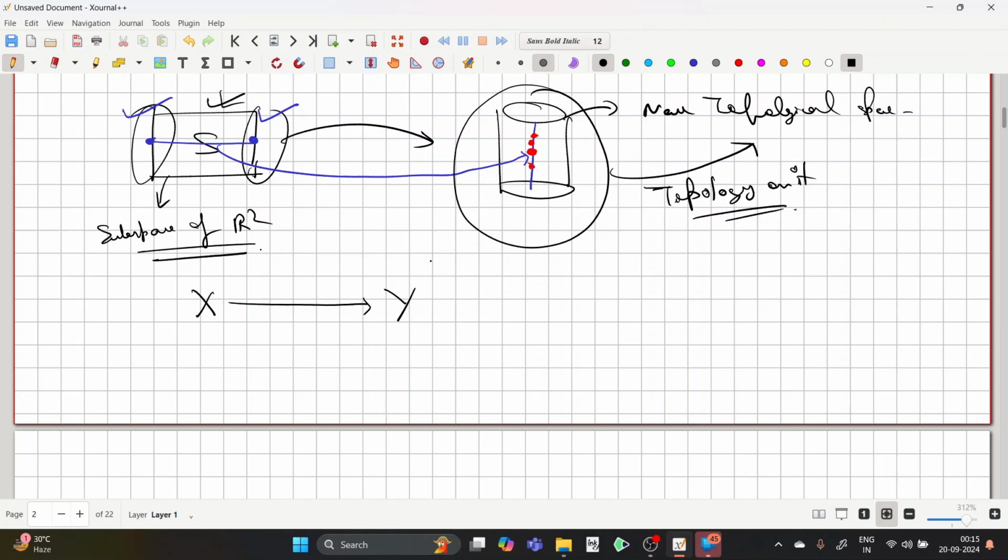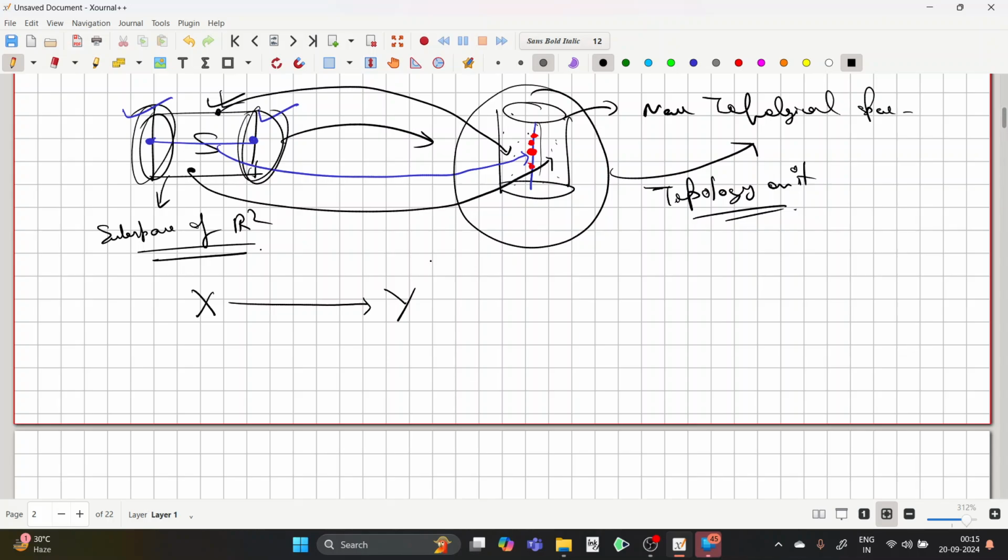I started with this square, so the points on these two edges are identified with this single line, and every other point is identified with points on the cylinder. Every point you take here will go to a unique point on this cylinder, outside this line, which is quite obvious.